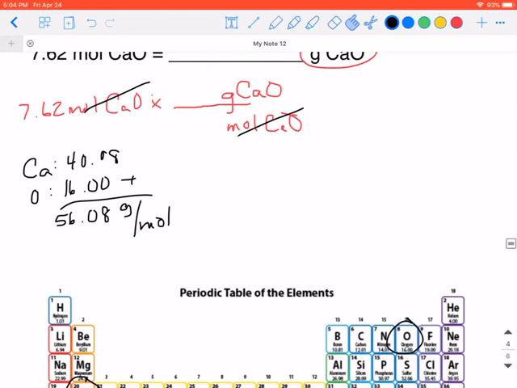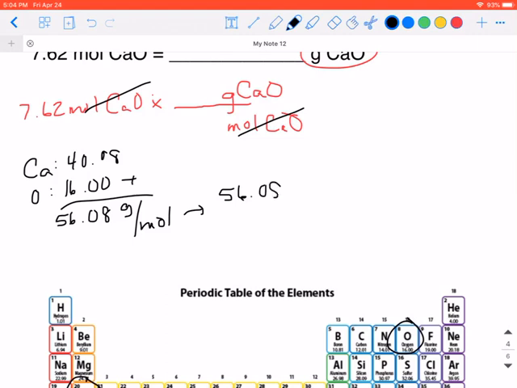Okay, so now think about it, right? Let's see if you put the 56.08 in the right spot. This number here means that we got 56.08 grams for every 1 mole. Okay, so I'm going to put the 56.08 with the grams, and I'm going to put the 1 with the moles.